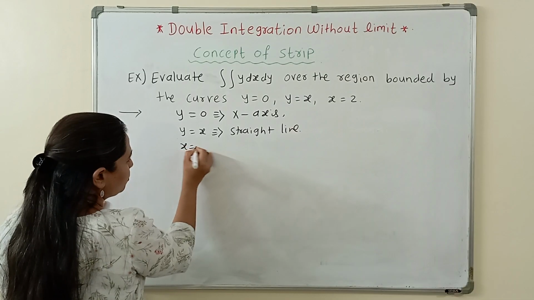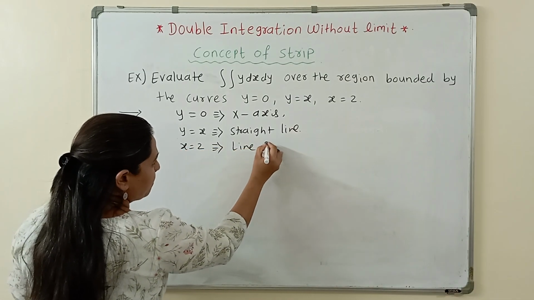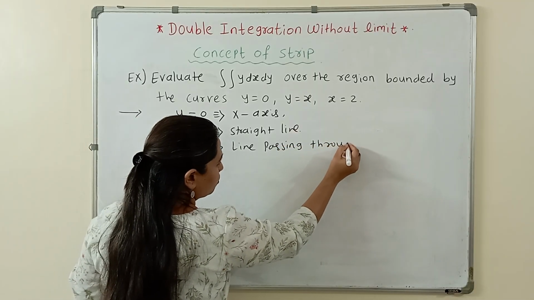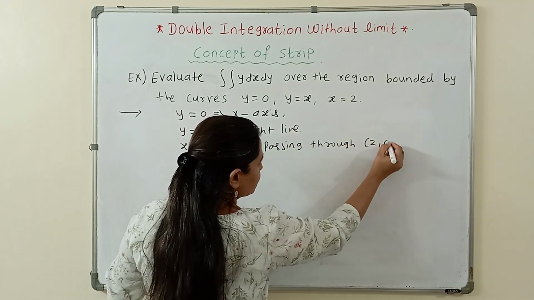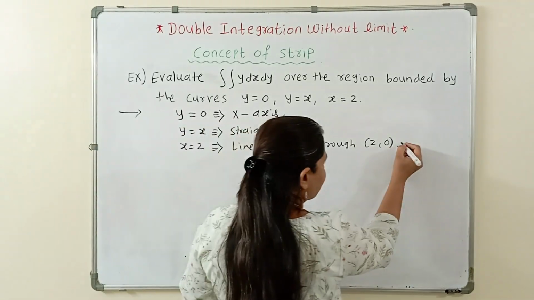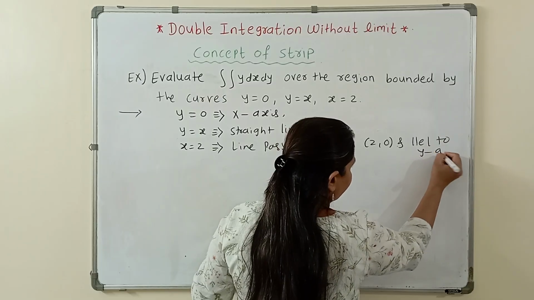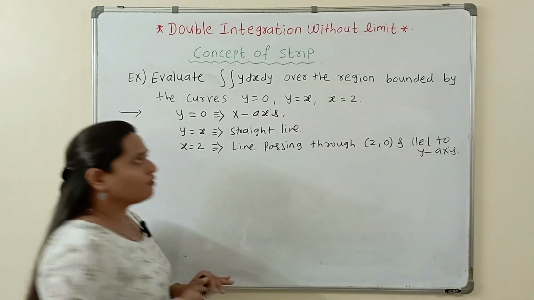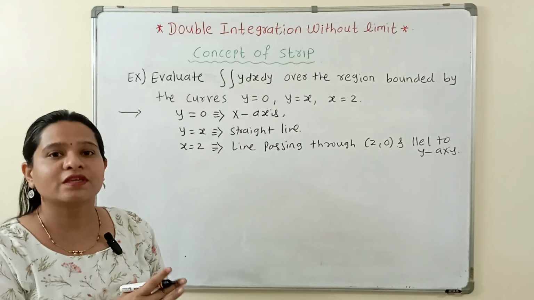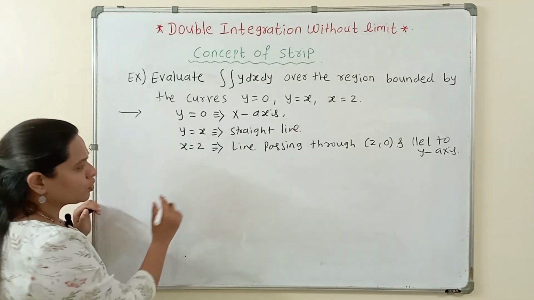And x equal to 2 is again a line passing through point 2, 0, and this line will be parallel to y-axis. So whenever you want to draw a region from the curves, you first need to know what each curve represents, right? So now let us quickly draw this region.